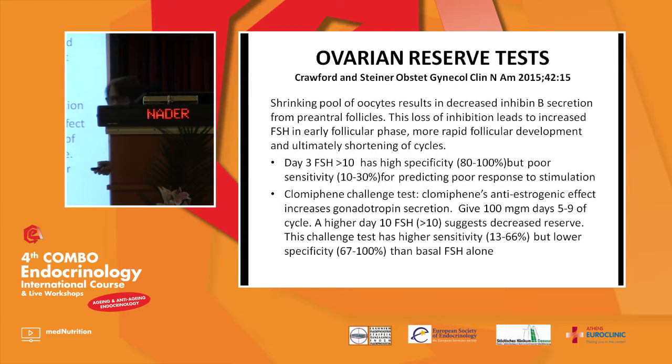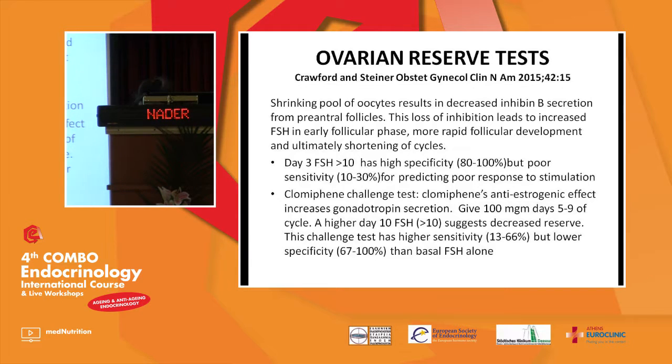So, if you want to read a good paper for the younger audience on ovarian reserve tests, this is not a bad one, it's a good one to read. And I just want to emphasize here, what figures do we use? A day 3 FSH, because we're trying to catch FSH at its peak. A day 3 FSH has a high specificity, but relatively poor sensitivity in predicting poor response to stimulation.